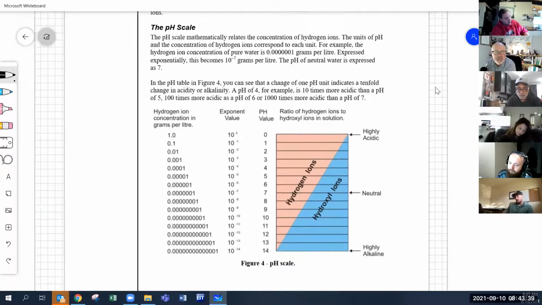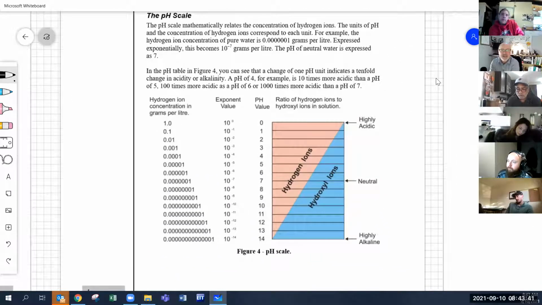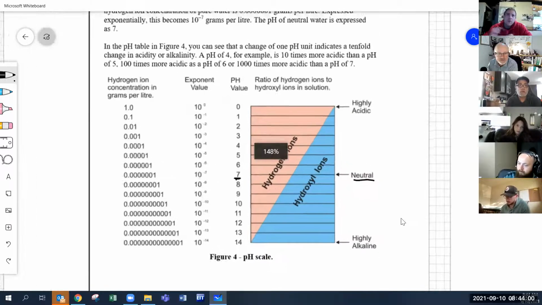Now, this pH scale. We have this pH scale here, and I want to point out that number 7 is neutral. This is where we go for number 7. It's neutral. And I want you to pay a little extra attention here. Let me see if I can zoom in on this a little bit more.